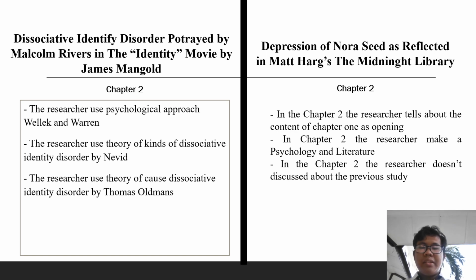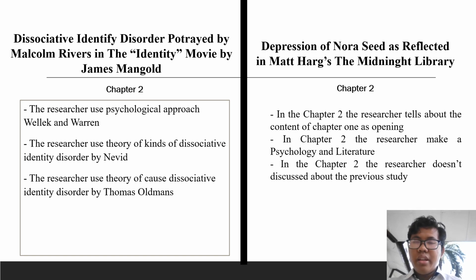Then in the other thesis, in chapter two, the researcher tells about the content of chapter one as an opening. The researcher makes a psychology and literature section. Then, in chapter two, the researcher doesn't discuss the previous study.